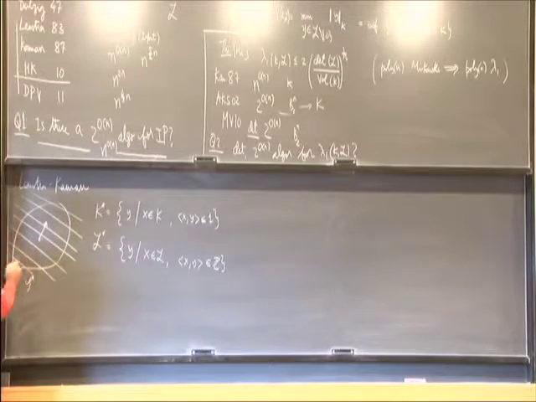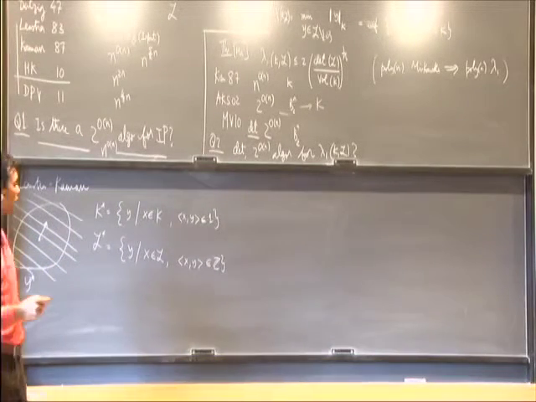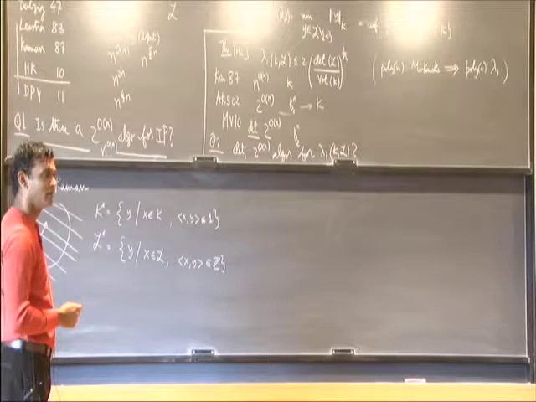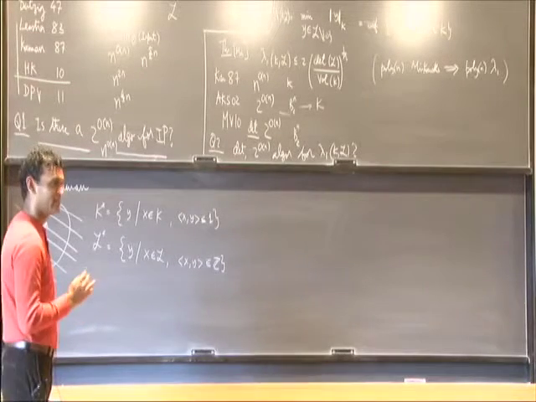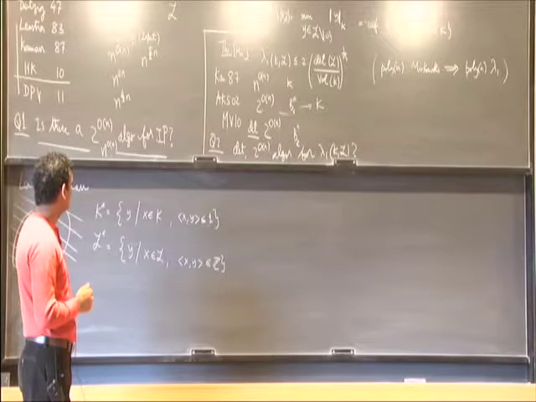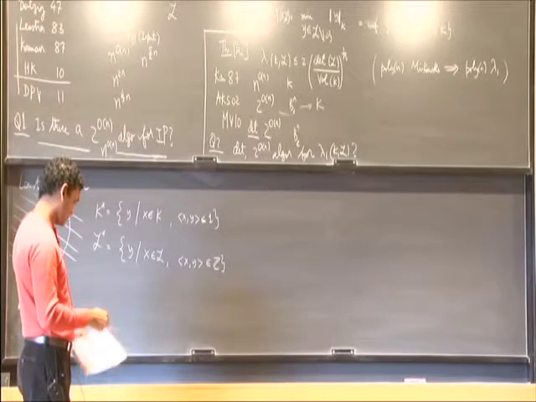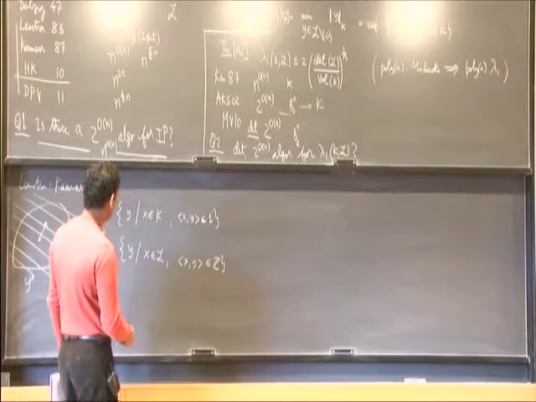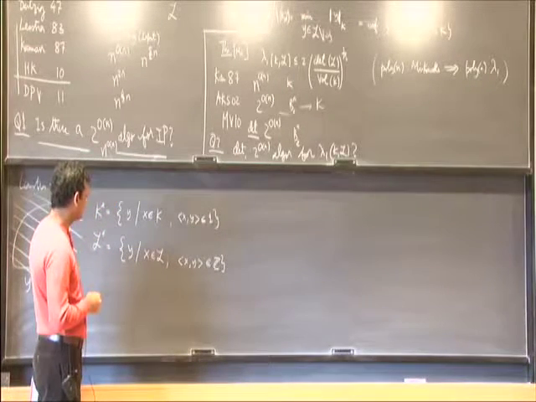I'm sorry, but these are not the standard definitions of the duals. Yeah, the polar, I guess I meant. No, usually it's over the whole space. In both cases, I would say.